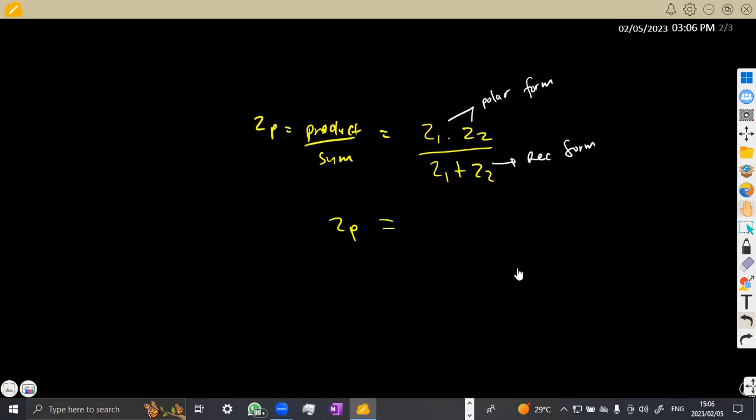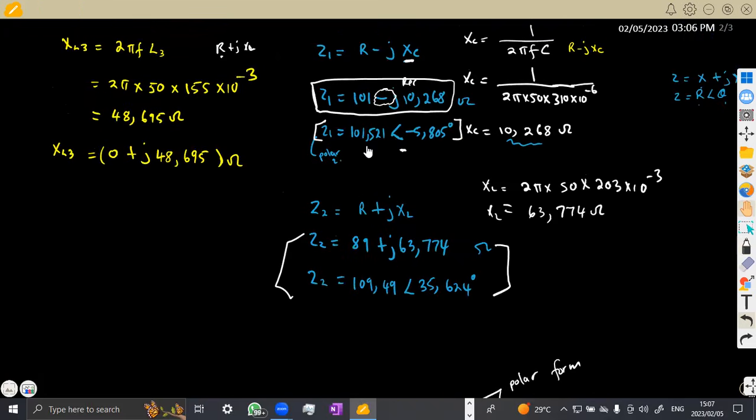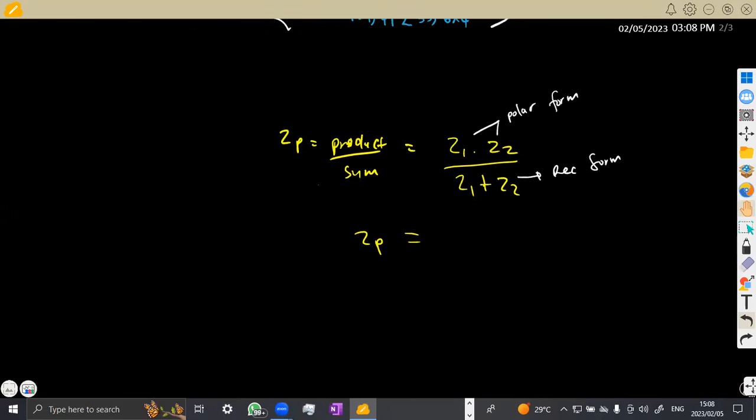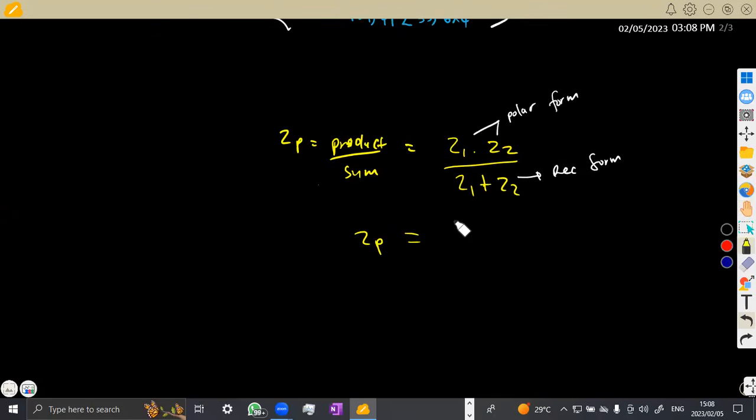So that's Z1, Z2 multiplying. We're going to take them in polar form. Remember your Z1 in polar form, then your Z2 also in polar form. So let's insert our Z1 here. That was 101,521 angle of negative.